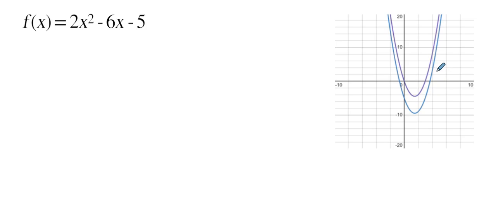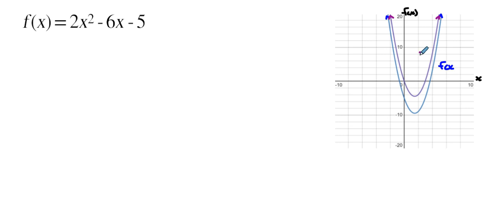So here we are back at the example. We can see our blue function here. Our blue function is our original function, our f of x function. And of course we have an f of x axis that we've graphed this on. What we have here in purple is a new function, the one that we shifted to set the y-intercept at 0.